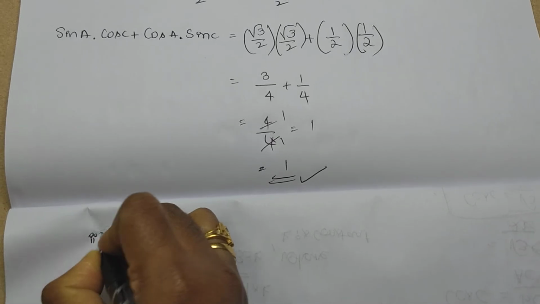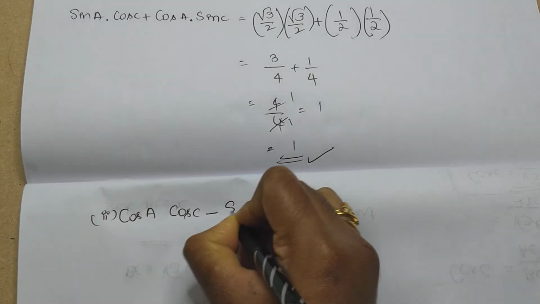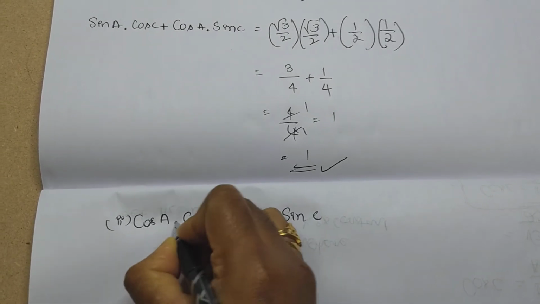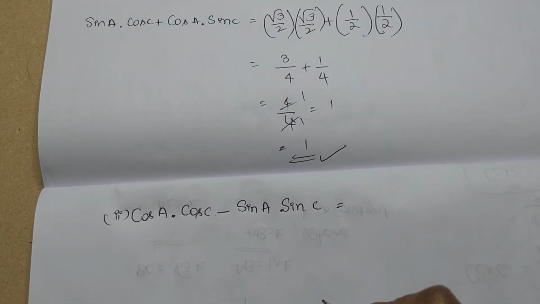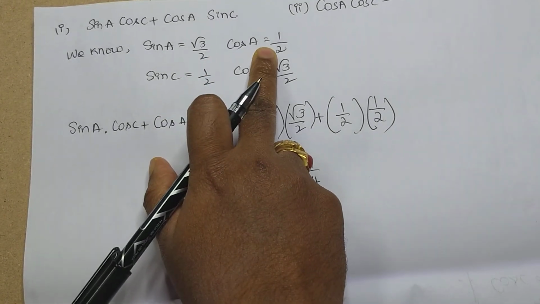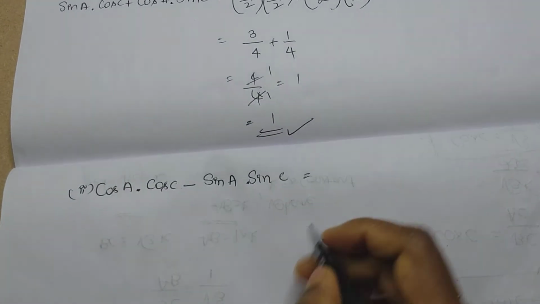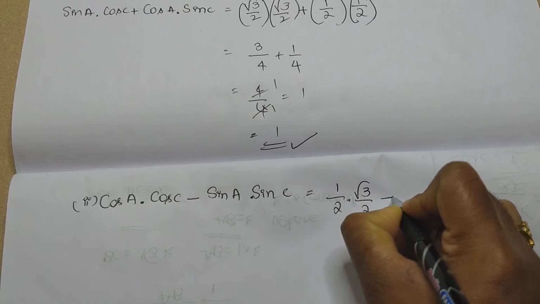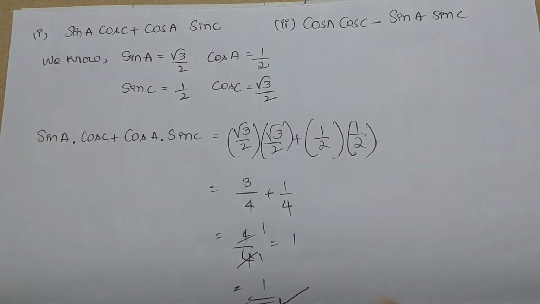Second one: cos A cos C minus sin A sin C. I told you if there is nothing, it is into. Cos A into cos C can be denoted as cos A cos C. What is cos A value here? 1 by 2 into root 3 by 2, minus sin A sin C: root 3 by 2 into 1 by 2.